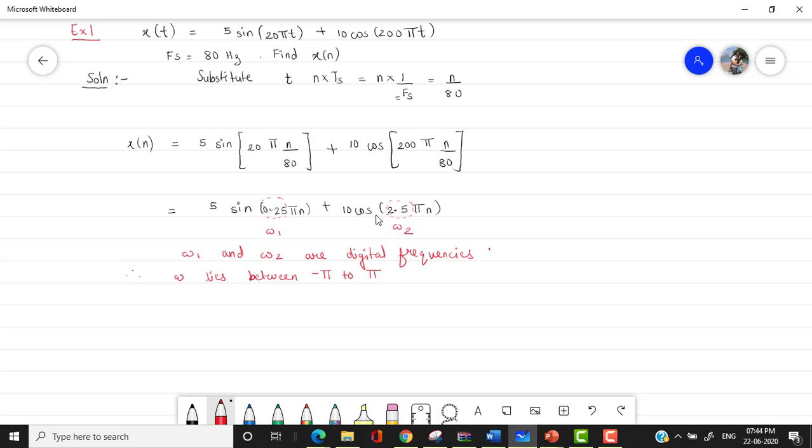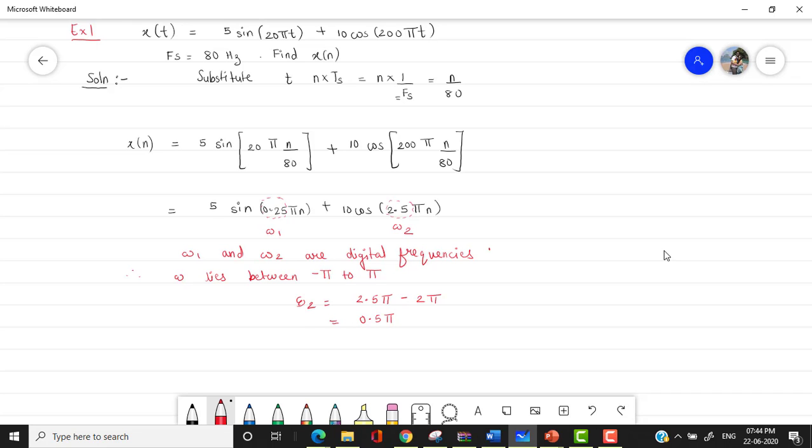That means it is 2.5 pi. Whenever such a condition occurs, when your omega value exceeds minus pi to pi, we have to subtract a value of 2 pi. So now my omega 2 value will be equal to 2.5 pi minus 2 pi. So the new value of omega 2 is 0.5 pi.